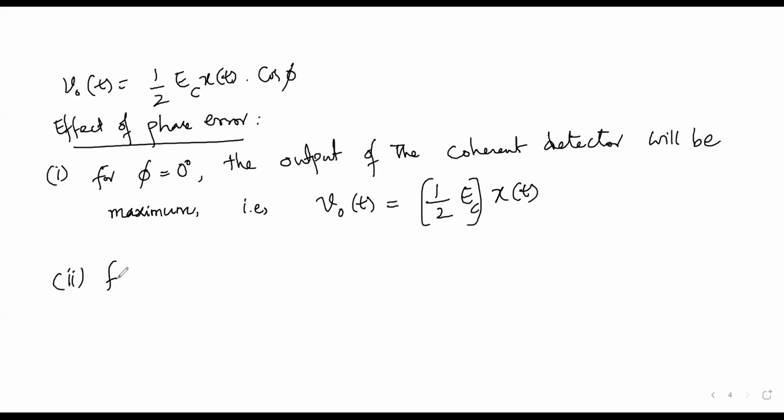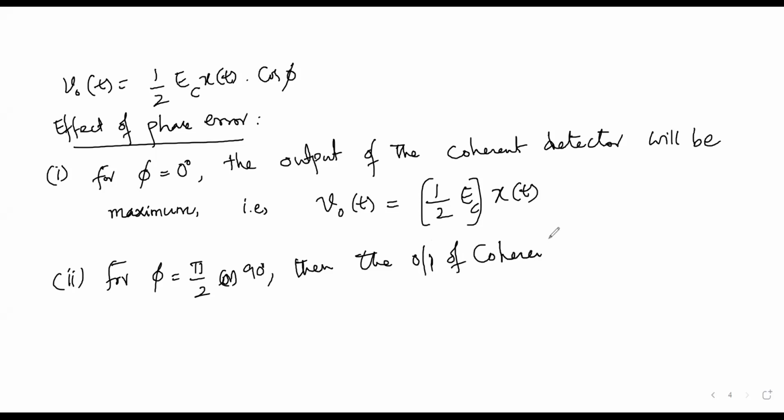Similarly, for phi equal to 90 degrees, the output of the coherent detector will be 0. So that is V naught of t is equal to 0.